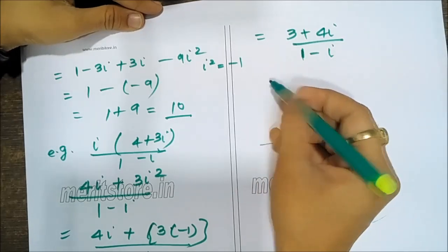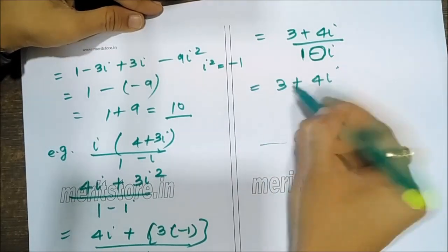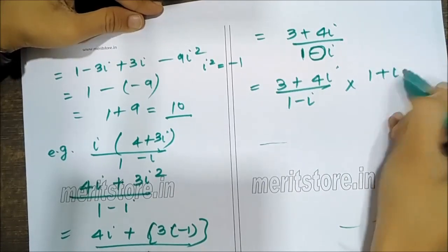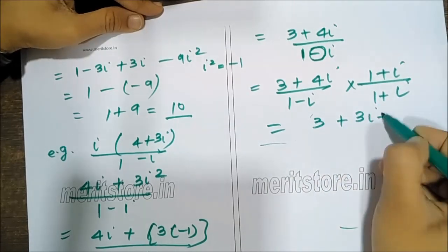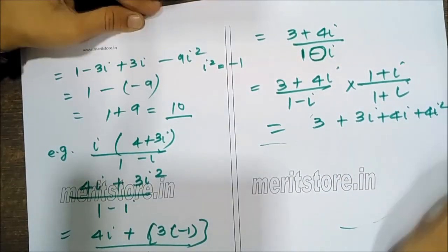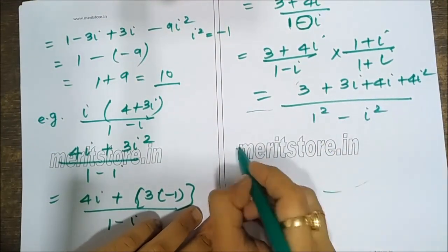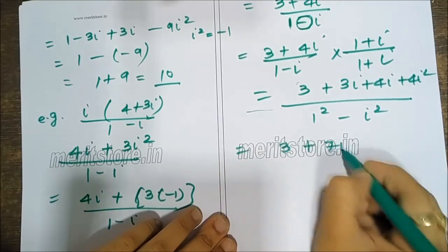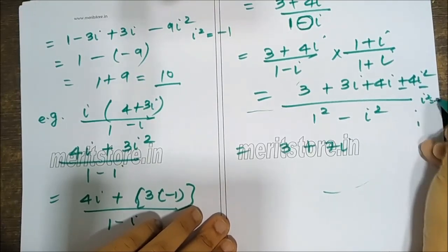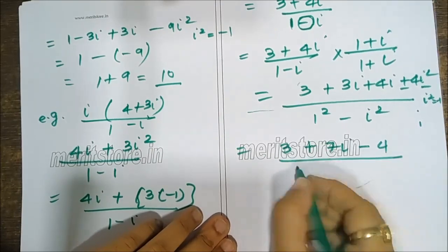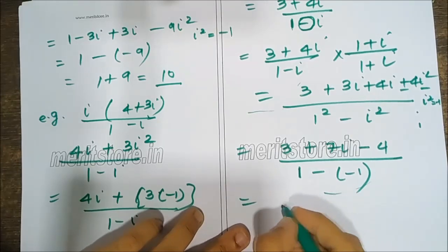Whenever in the form of division, we have to take the conjugate of the denominator. So minus 3 minus 3i plus 4i plus 4i square upon 1 square minus i square. So that is minus 3 plus 7i, minus 4 since i square is minus 1, upon 1 minus, again i square is minus 1.